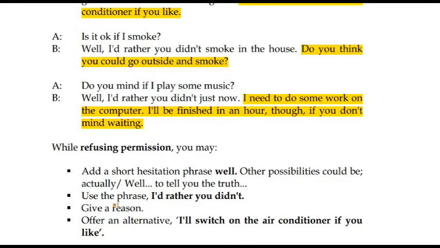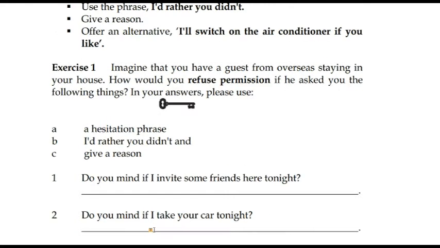Give a reason, then offer an alternative. I'll switch on the air conditioner if you like, as in the example we discussed about refusing to open the window of the car. Now there is an exercise or activity for you to perform to show whether you have learned how to refuse permission or not.